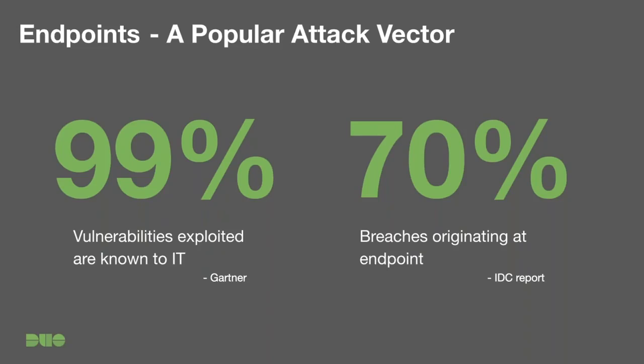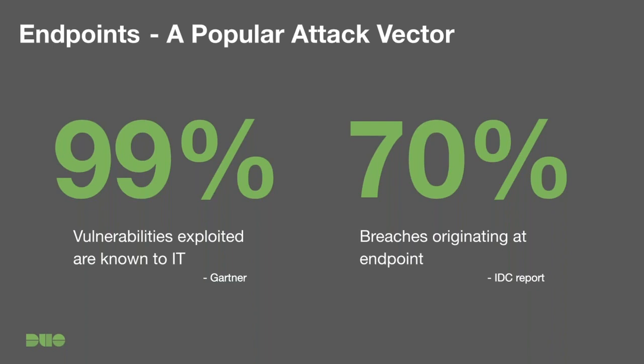So one of those vectors that we need to think about, and the main theme of today's webinar, is endpoints. They've become a very popular attack vector. One sad thing about them is that a research study from Gartner showed that 99% of the vulnerabilities exploited on these endpoints are known to IT beforehand.